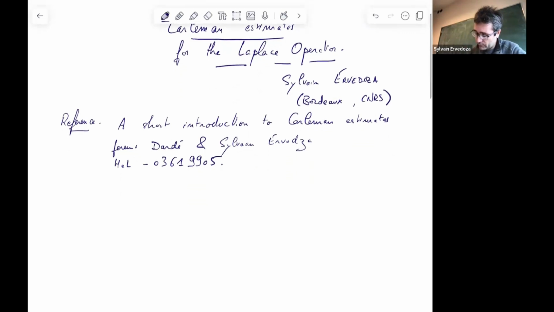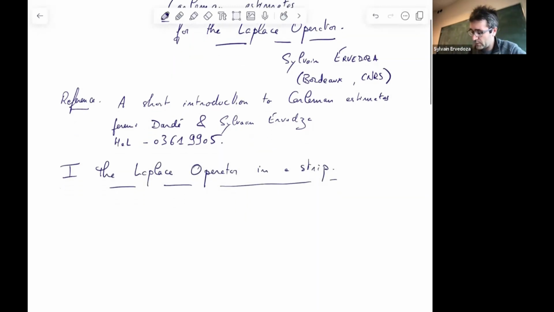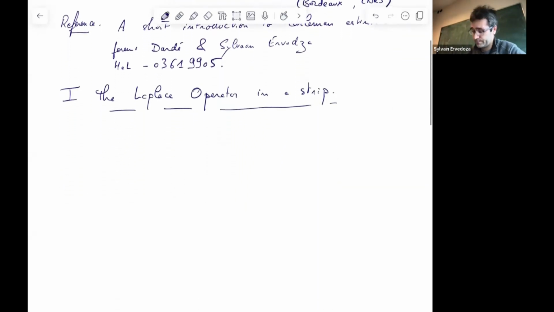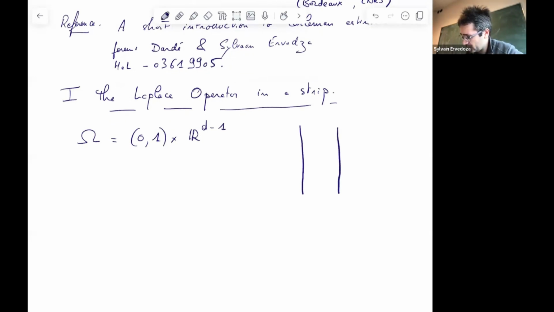I will start with the Laplace operator in the strip. So basically what I will be considering here is a domain omega, which is of the form (0,1) cross R^(d-1). Okay, so this is a vertical strip like this.